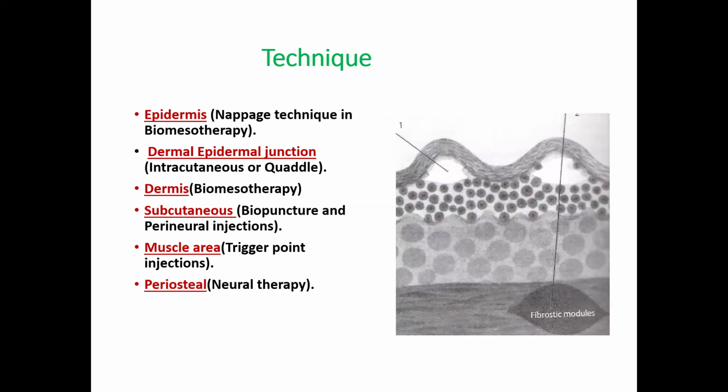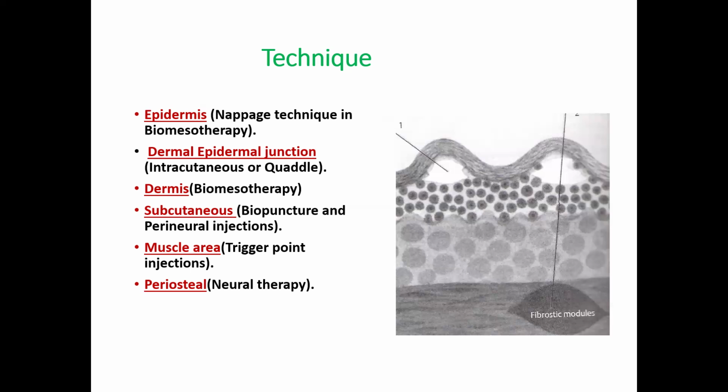Now, if you're injecting between the dermis and the epidermis here, where you develop this bleb or quaddle, this is called neurotherapy or quaddle, developed by the Huneke Brothers. If you inject in the dermis, which is here, using 4 to 6 millimeter needles, this is, ideally speaking, biomesotherapy.